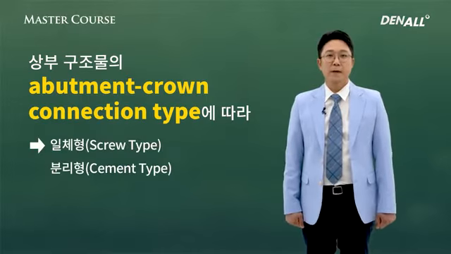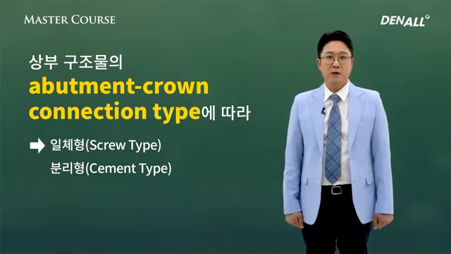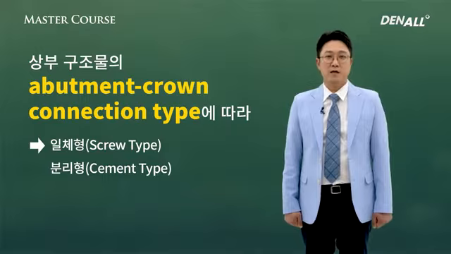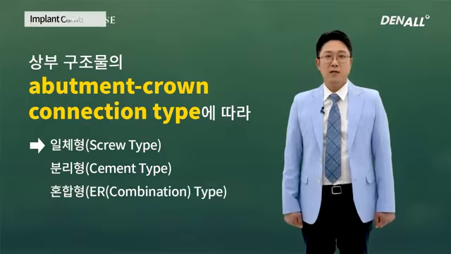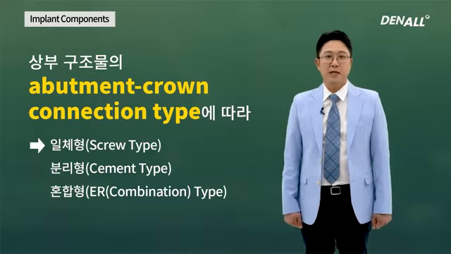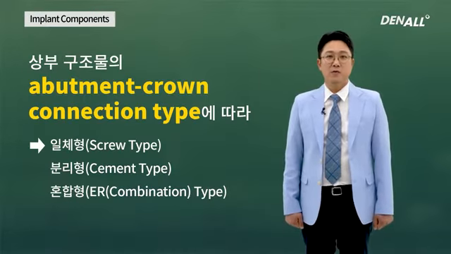Second, the fixture is connected to the abutment and, as if a tooth is prepped and an impression is taken, a gold crown is connected. Using the same method in mind, on top of the abutment, the crown is connected. This is the 2-piece cement type abutment. Third, this is a mixture of screw type and cement type. And this can be called ER, combination, or SCRP type.